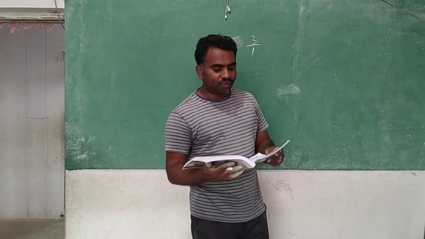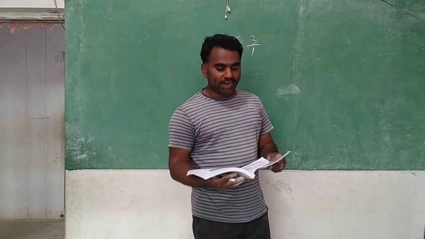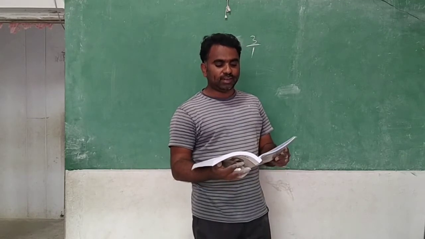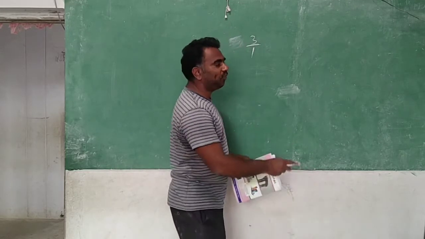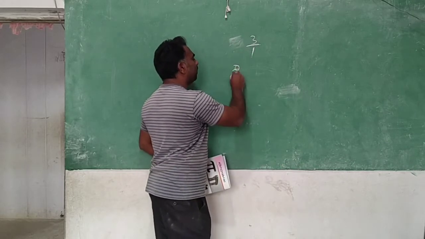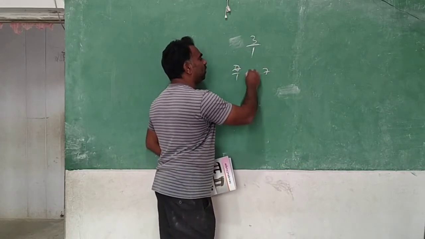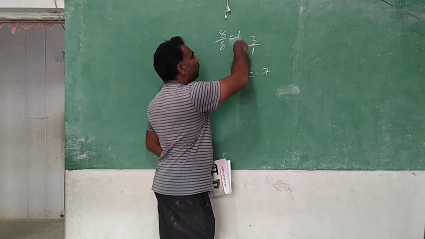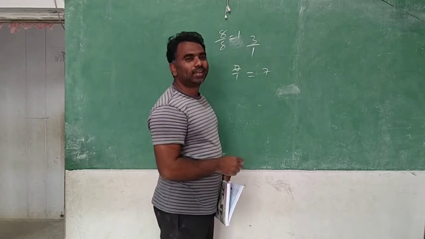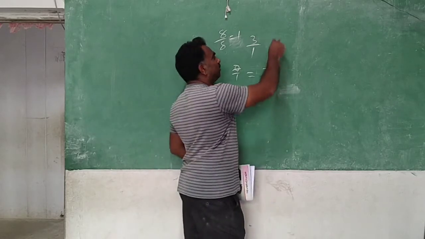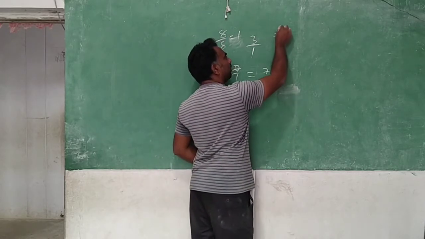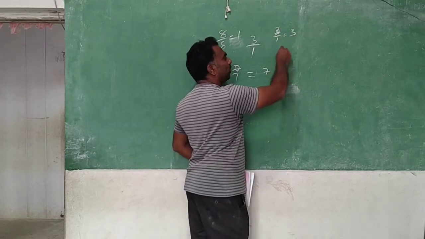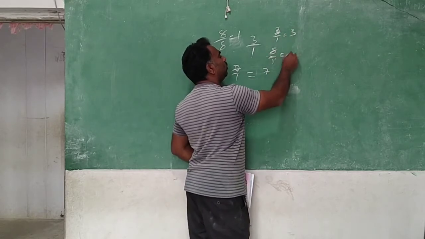And consider any 5 rational numbers, find out which integers constitute them. Means like these fractions, right? 7 by 1, and what is the integer? It is equal to 7. You see, 8 by 8 is equal to 1. 3 by 1 is equal to 3. 8 by 1 is equal to 8.